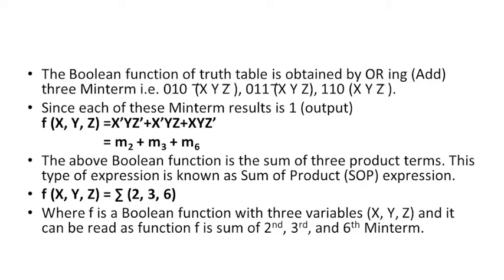Since each of these minterms produces the result 1, we have to take only those outputs. That is f of x comma y comma z is equal to x bar y z bar plus x bar y z plus x y z bar. So that indicates m2 plus m3 plus m6.